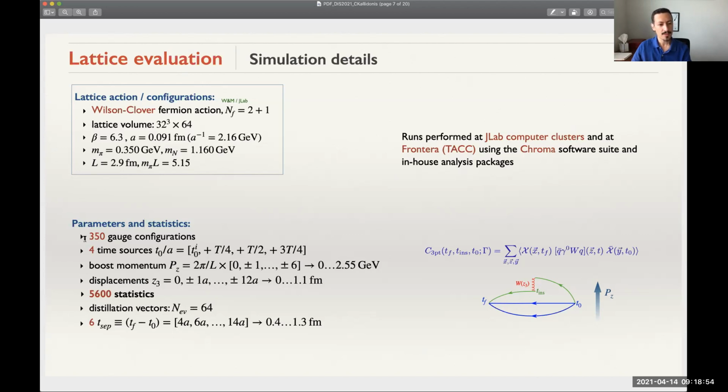And this basically sums up our statistics to about 5,600. We also use 64 distillation vectors, and we have 6 source-sink separations in order to examine the excited state effect. Now, all these runs have been performed at the JLab computer clusters and also at Frontera using the Chroma software suite and some in-house analysis packages.